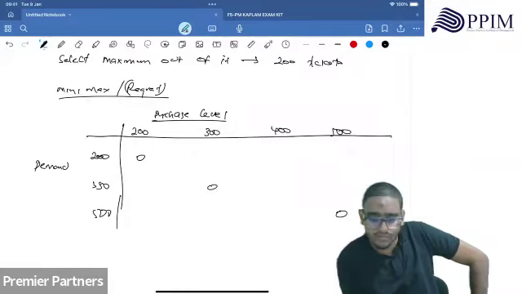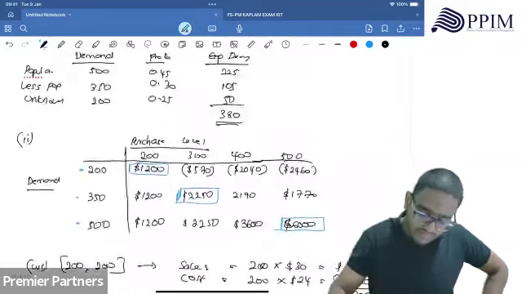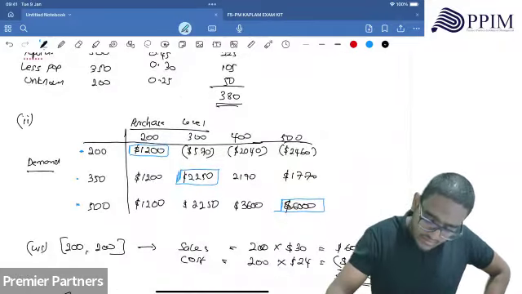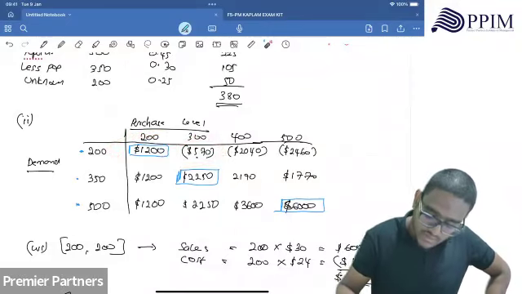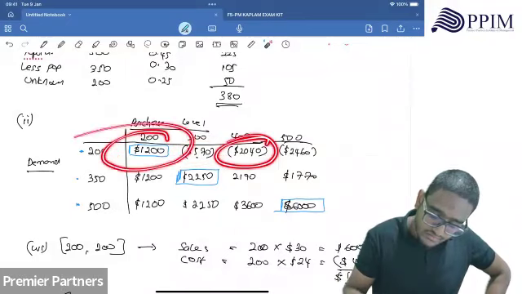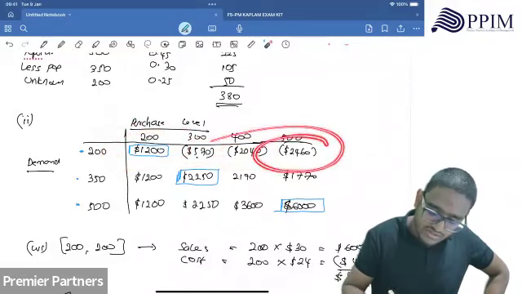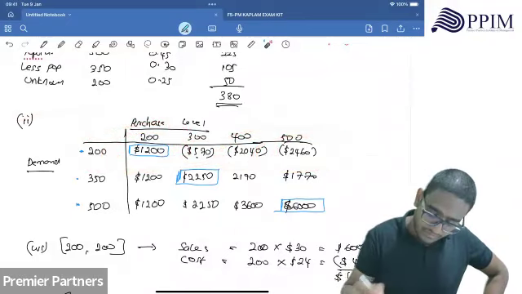How do you calculate the regret? Very simple. Please listen. You take the 570 here and deduct it from your best option. Take the 2040, deduct it from the best option. Take the 2460, deduct it from the best option.